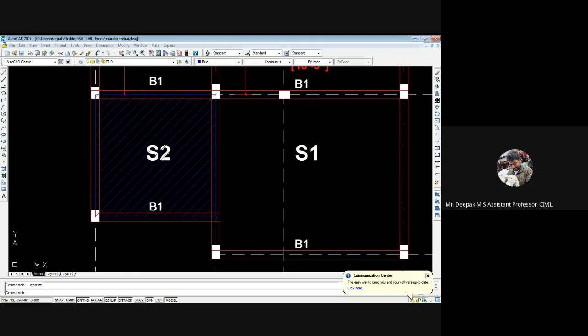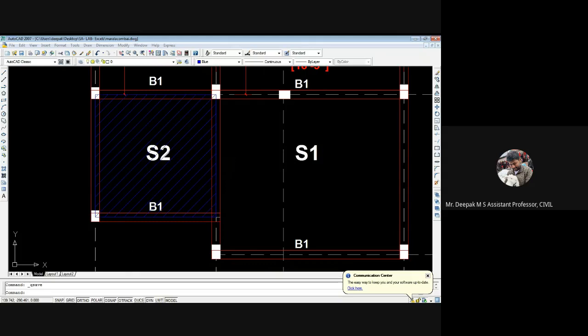Negative bending moment coefficients and positive bending moment coefficients are present in Annexure D of IS 456. We can find in Annexure D the bending moment coefficients for rectangular panels supported on four sides with provision for torsion at the corners. So here, for two adjacent edges discontinuous and for span by effective depth ratio 1, I'm having the negative bending moment coefficient and the positive bending moment coefficient.